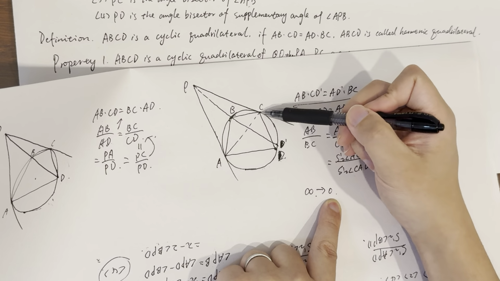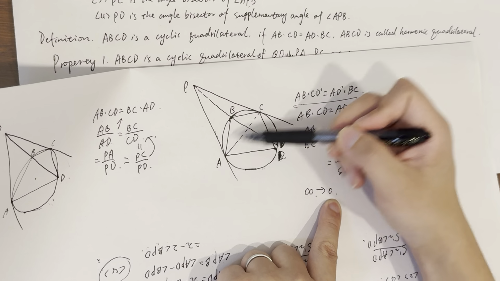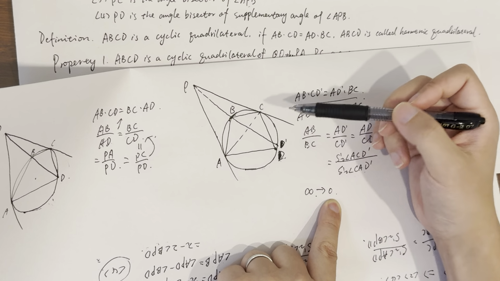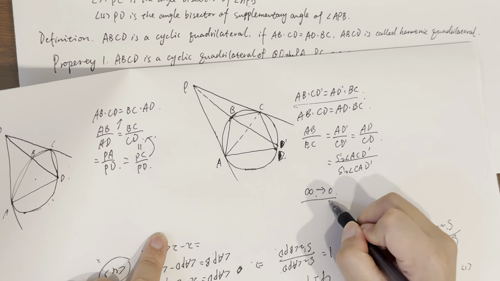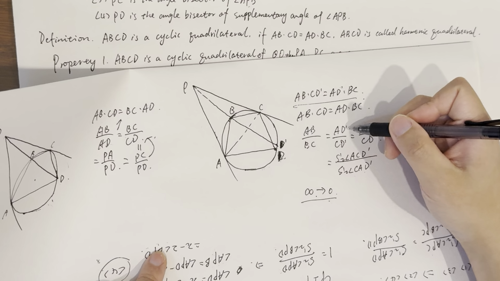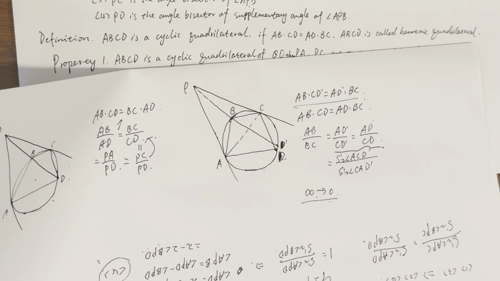Because once it is on this point, sine angle ACD prime is 0 and sine angle CAD prime is 1. It's monotonically decreasing, which means that if this is true, then D is a single point.